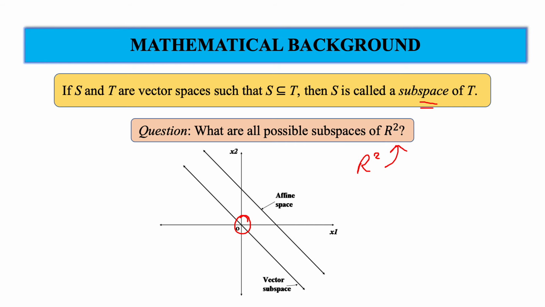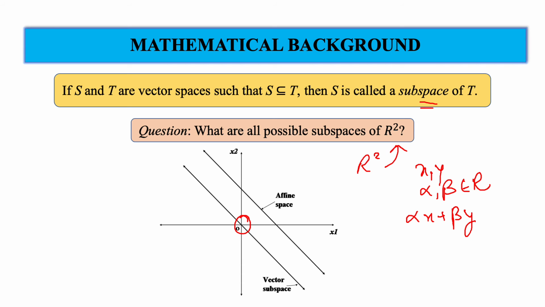Now it is easy to characterize a subspace. You can think of it as a space where, suppose x and y are two vectors in a vector space and alpha and beta are any two real numbers coming from the field of real numbers, then alpha x plus beta y should always belong to the subspace.